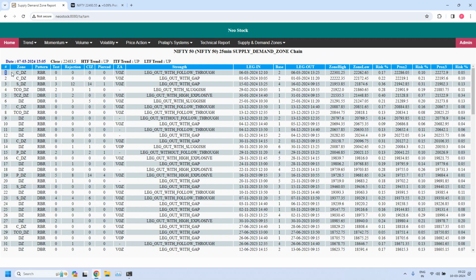These two are the most recent high liquidity zones, and the second one is already tested once. So let's look into these two high liquidity zones. Probably next week they will act as some support for Nifty. But observe one point, even till 25 minutes, Nifty is not having any supply zones.